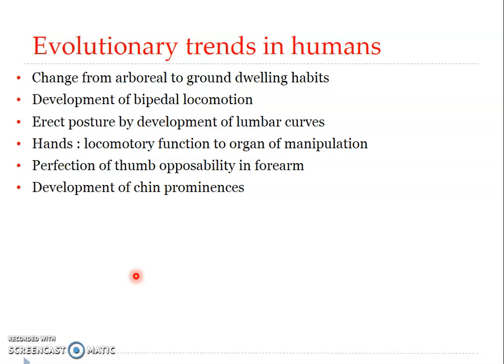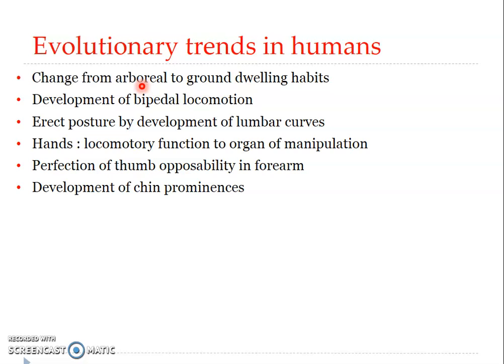So here, the first thing is obviously the change from arboreal to ground-dwelling habit. Apes were mainly arboreal forms, that is, more to the treetops. They used to remain on tree branches, especially the chimpanzees.